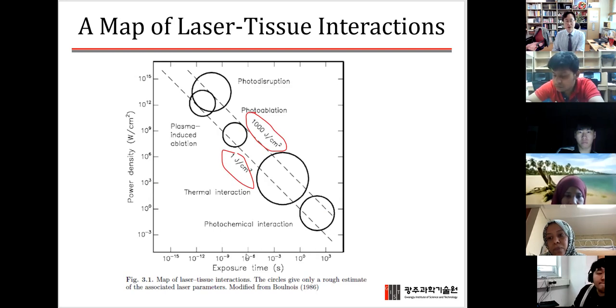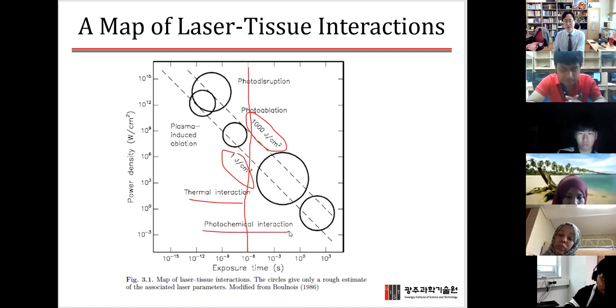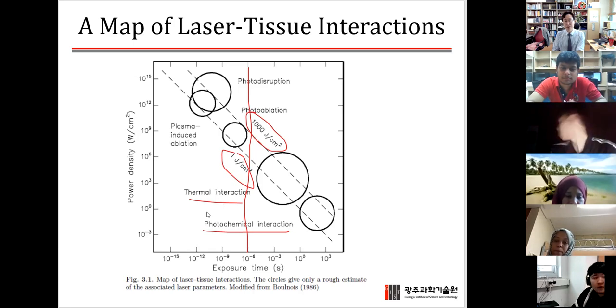And for the 10 to the minus 6, which is the microsecond, so longer than 1 microsecond, you can have 2 interaction mechanisms. One is the thermal interaction, the other is photochemical interaction. For the thermal interaction, the difference between here and the photochemical interaction is you have a little bit higher power density for the thermal interaction, which makes sense.